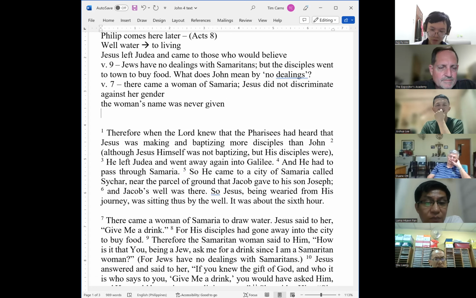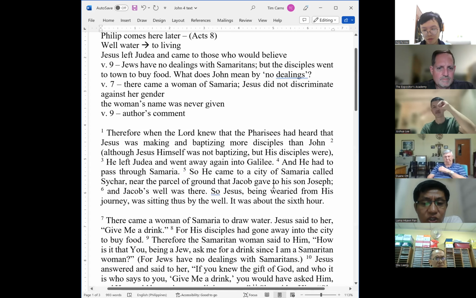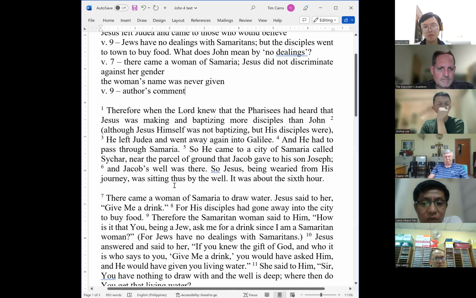Yeah. So, Pastor, in verse 9, the author's comment, for Jews have no dealings with the Samaritans. I think in verse 6, the author's comment, is it the author's comment that he mentioned the hour? It was about the sixth hour. Yes.